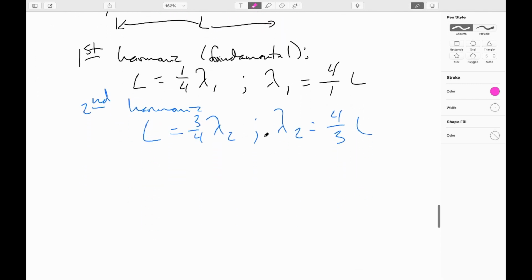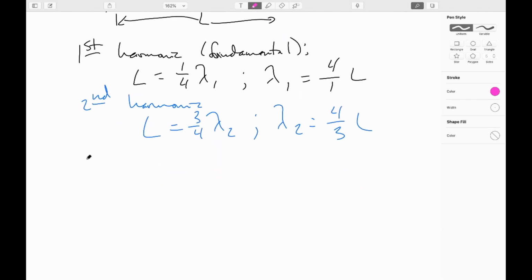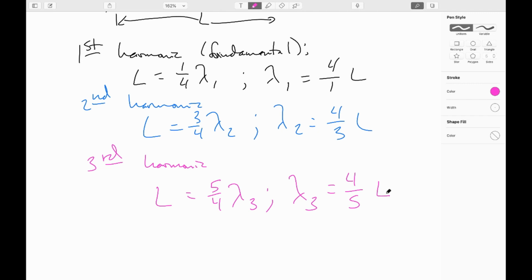So that would be my third harmonic. So there we'd say the length of the string was 5/4 of a wavelength, because I fit in 5/4 of a wave. So the wavelength of the third harmonic would be 4/5 L.